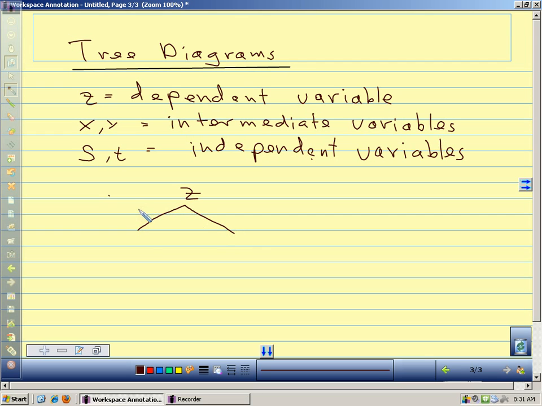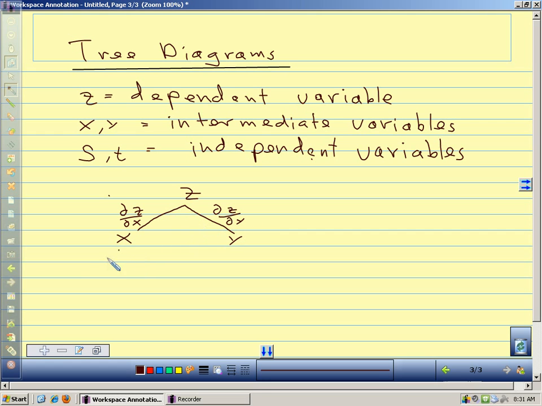Here are the intermediate variables, x and y. To get from z to x, we do dz/dx, and for this side, we do dz/dy.